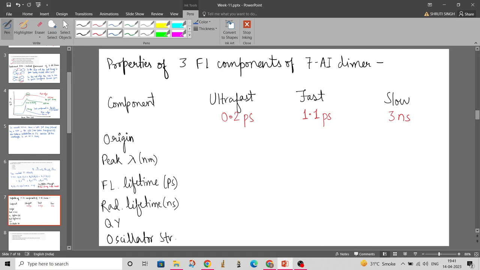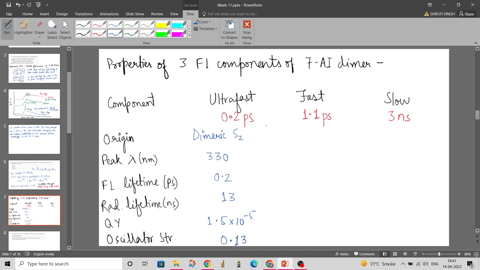So the ultrafast component, the origin was the dimeric S2 state, and its lambda max was at 330, with fluorescence lifetime 0.2 picosecond and radiative lifetime 13 nanosecond, quantum yield very less, and oscillator strength 0.13.